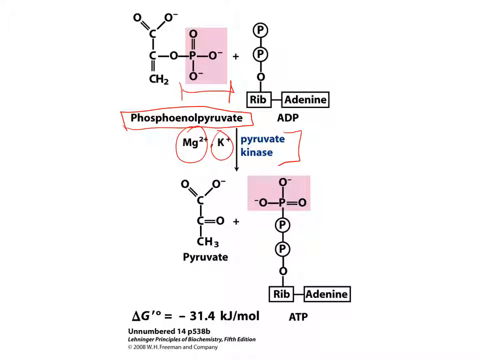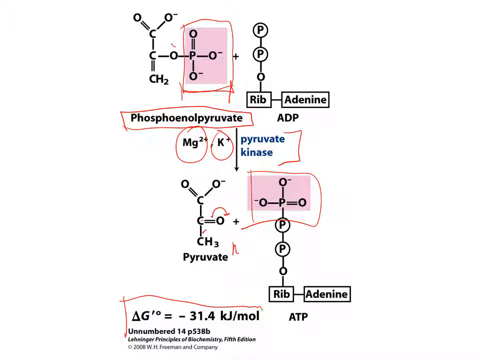As a result, we transfer the phosphate to ADP to generate ATP, and because the phosphate leaves one extra electron here, that electron forms a double bond with this carbon, breaking the other double bond with the carbon between carbon 2 and 3, which then takes up the hydrogen that was released during this reaction.